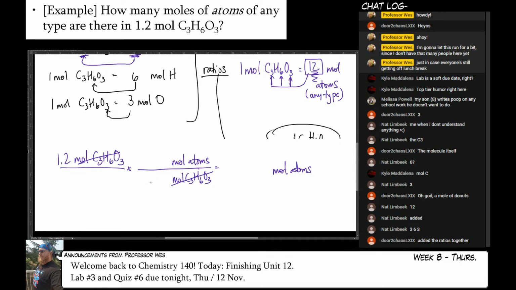So I could say, okay, in 1 mole of my starting material, there are just 12 moles of atoms, and that number comes from all of the numbers added together. So 1.2 times 12 should be 14.4, but we only get 2 sig figs from this, so that's the answer I'd report. This one's counted, so it's exact.